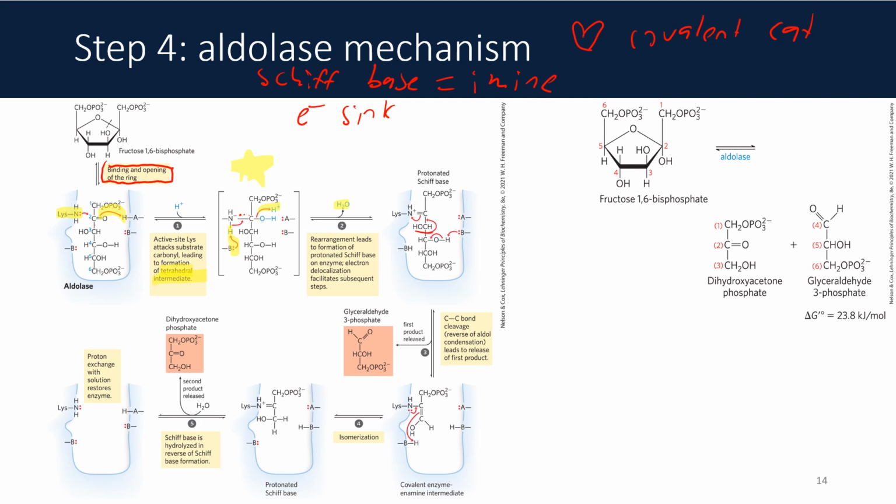What is the consequence of that? Well, a general base on the other side of the active site, over here, will attack the hydrogen of the hydroxyl on the C4 position. This, it's like dominoes, will cause the electrons to fall down from the OH bond to the CO bond, turning it into a carbonyl.